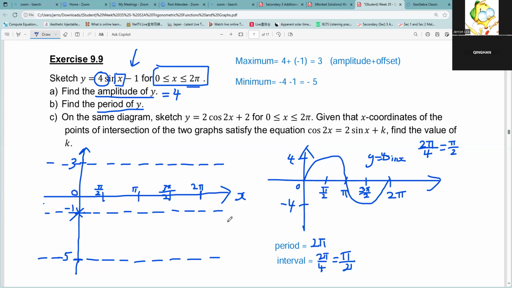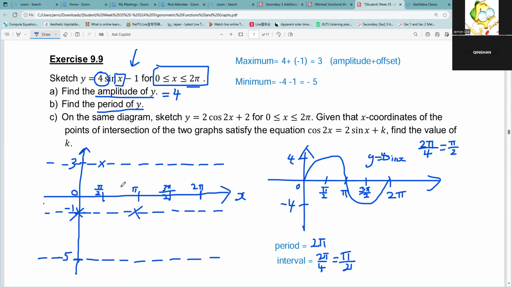Look at this. Pi over 2 is supposed to be at the max, so in our case here, it is at 3. And then pi is supposed to reach back at 0. In our case here, it is supposed to come over here.